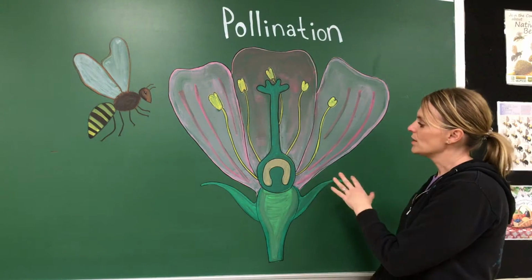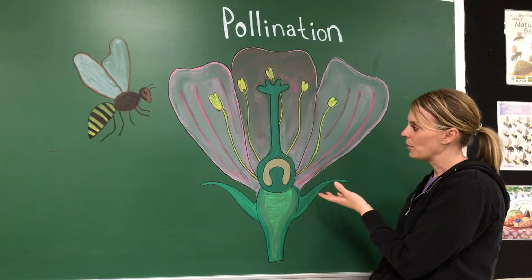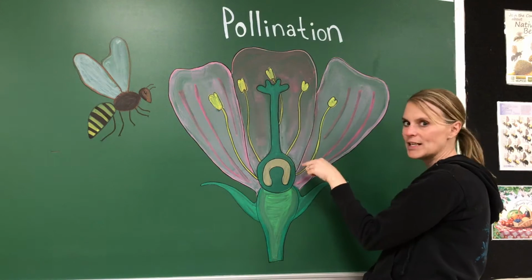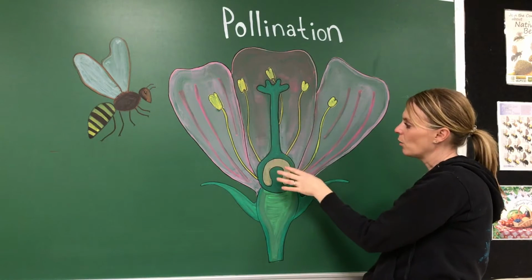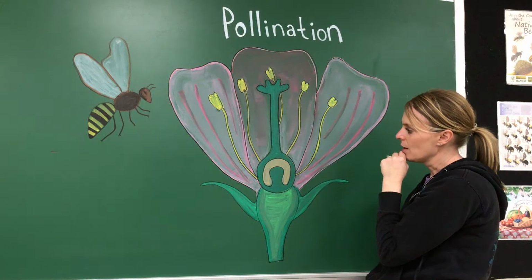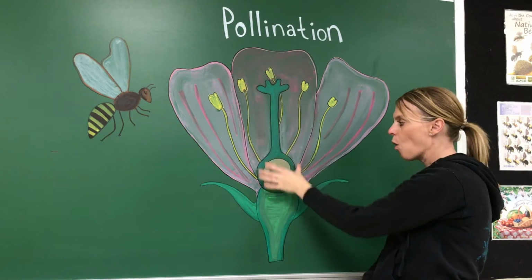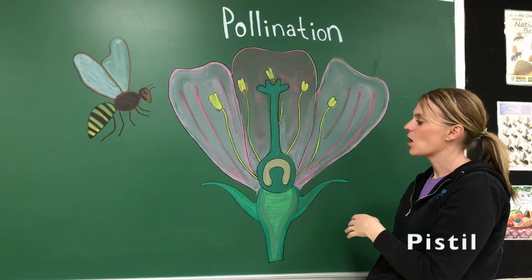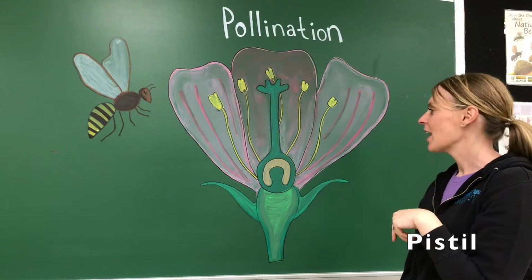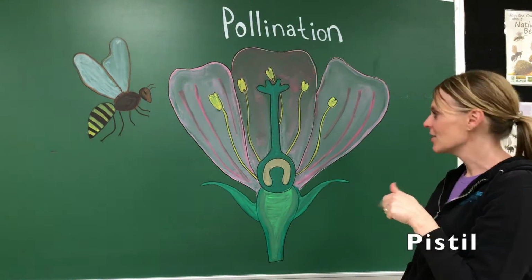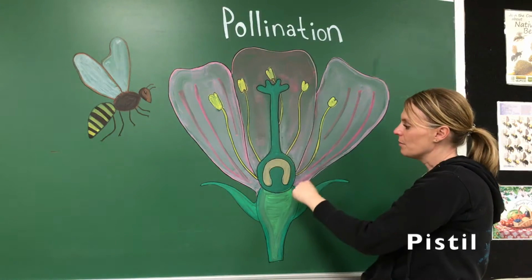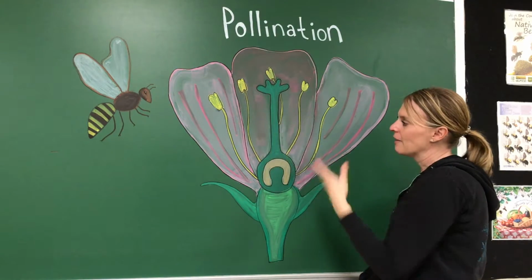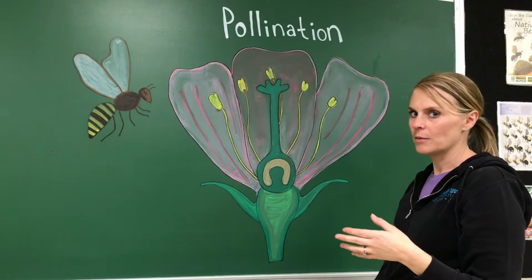And then this flower has both male and female parts, and we'll start here. We'll go ladies first, and we'll start with the female part of the flower. The whole female structure of the flower is called the pistil. Just like I try to remember that girls are pistols. So this is the whole structure, and then the pistil is split up into different parts.